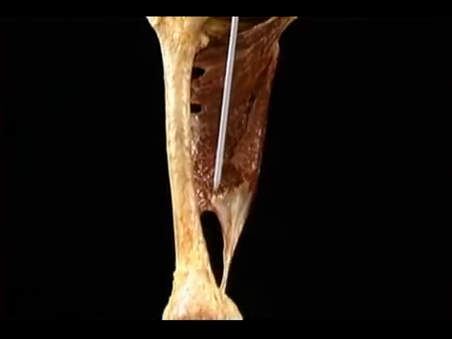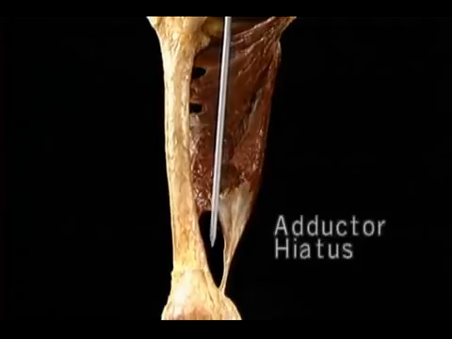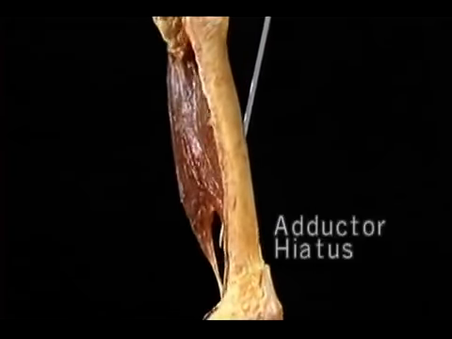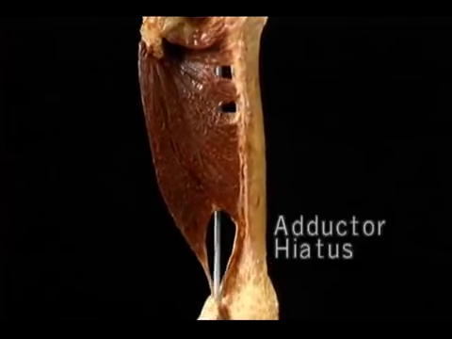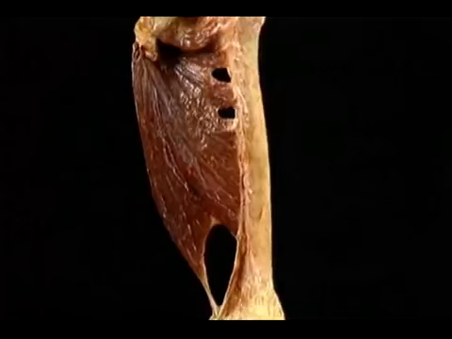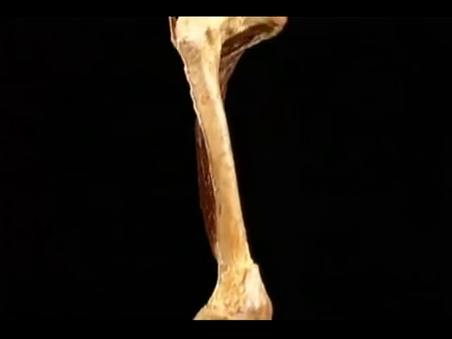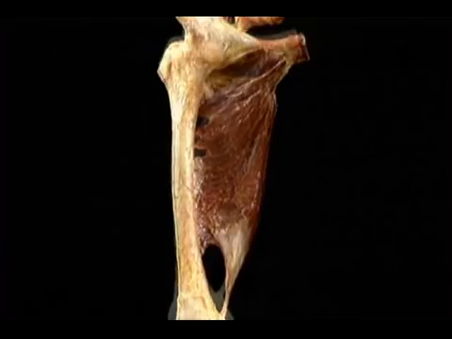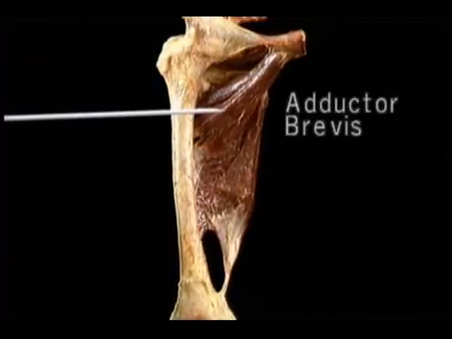The gap in adductor magnus is the adductor hiatus. The main blood vessels to the leg pass through here, from the front of the thigh to the back. The other 2 named adductors, brevis and longus, sit in front of adductor magnus. Here's adductor brevis.